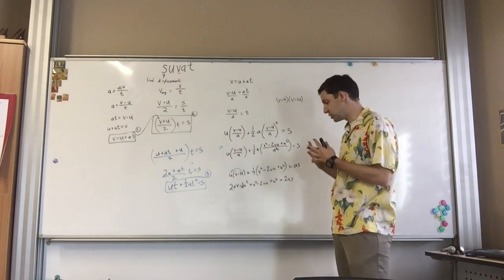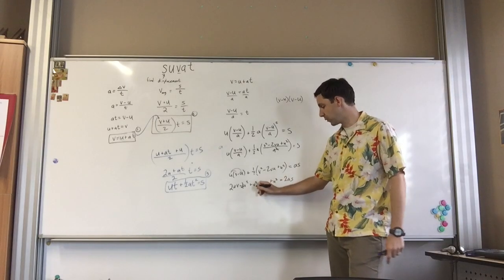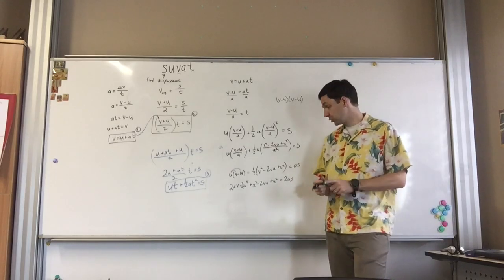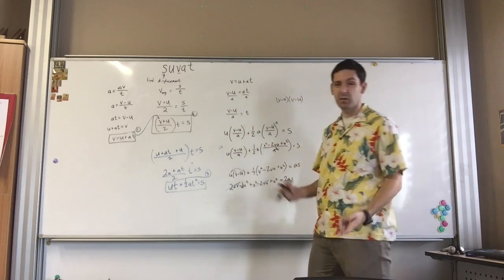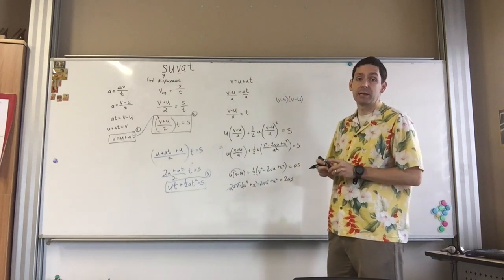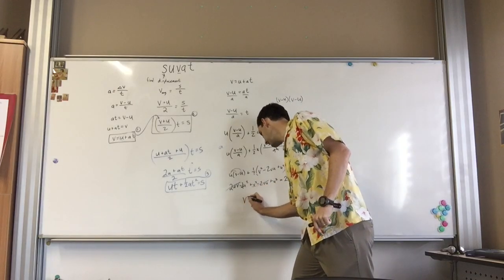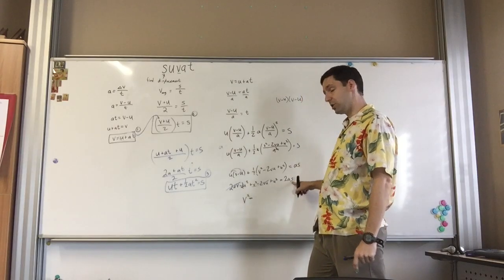And at this point, I should now just be able to put things together. Again, I said I was going to solve for v, and so I'm going to get the v squared by itself. You'll notice that I've got a positive 2uv and a negative 2uv, or vu, the same thing. So those are going to cancel out. If I get the v squared by itself, it'll just then be v squared equals, I'm going to need to move the u squared over.